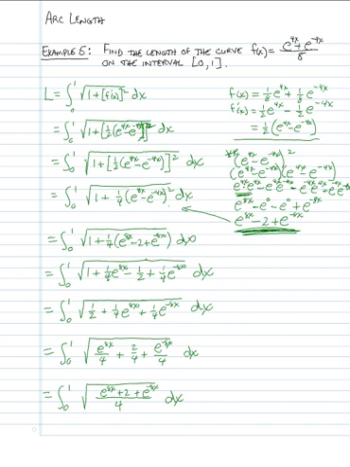And so notice in here, if I would have taken e to the 4x plus e to the negative 4x and squared it. Okay, that's not what I have, but imagine if I would have. Then that would have been e to the 4x plus e to the negative 4x times e to the 4x plus e to the negative 4x. And as I expand that, look, e to the 4x times e to the 4x is e to the 8x.